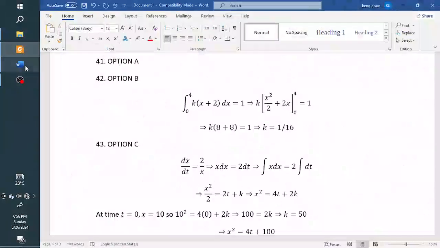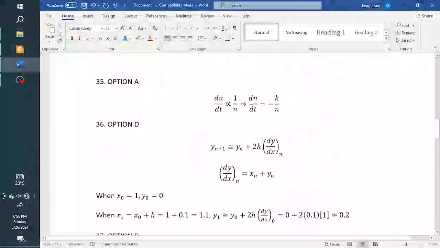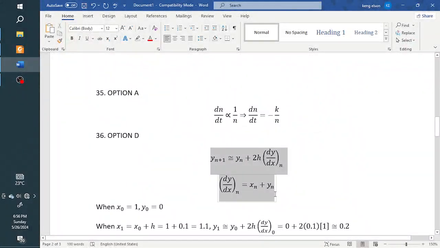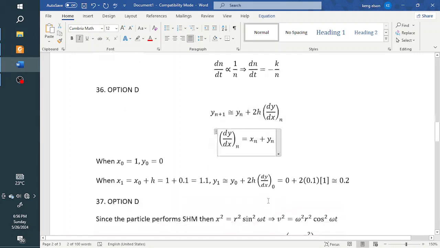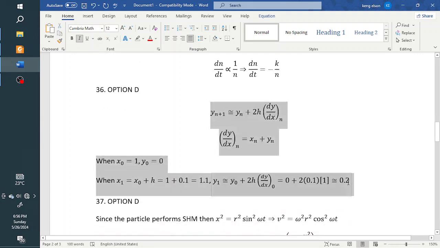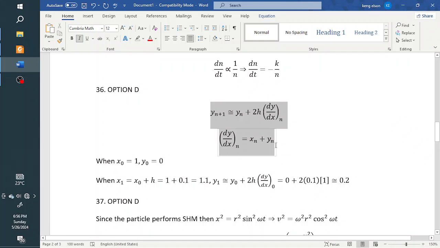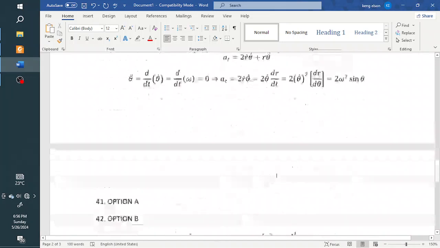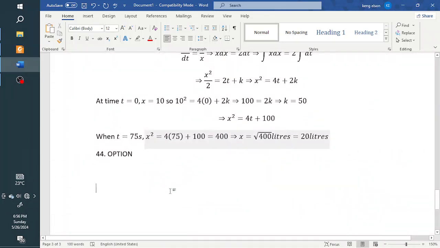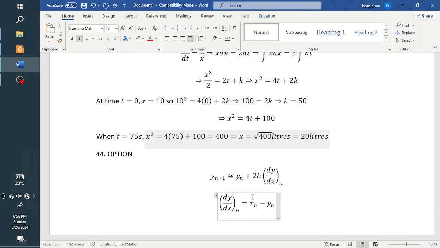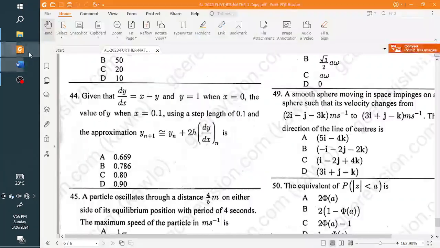So I'll just copy what I have here. But according to this question there is a minus sign, though the same approximation and the same step length of 0.1.